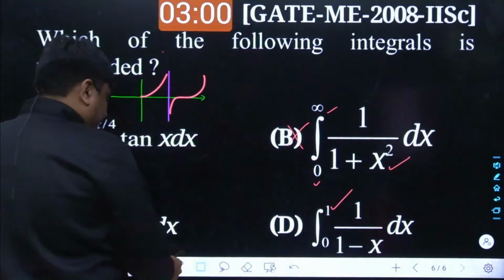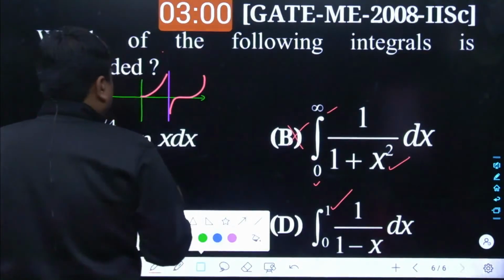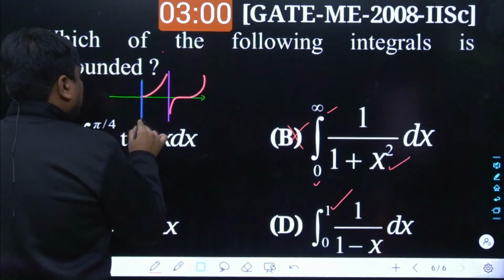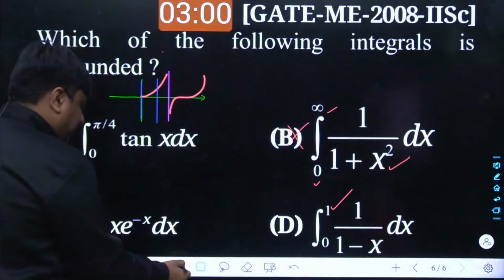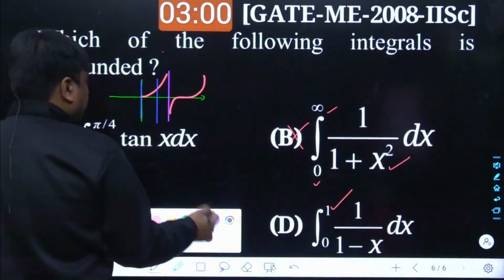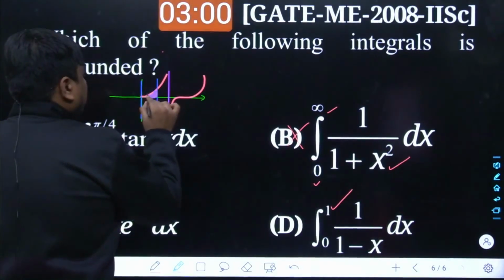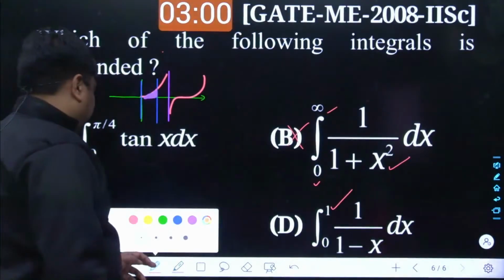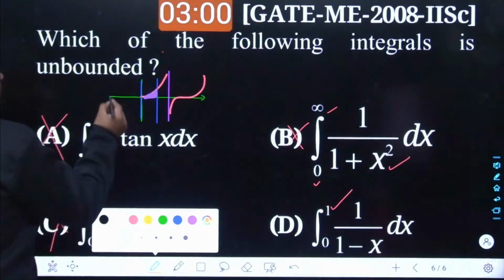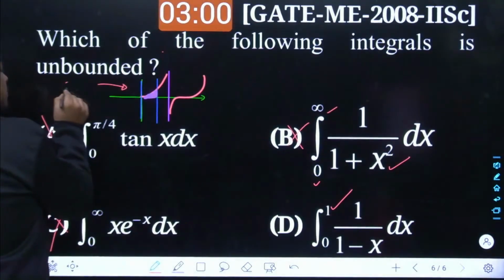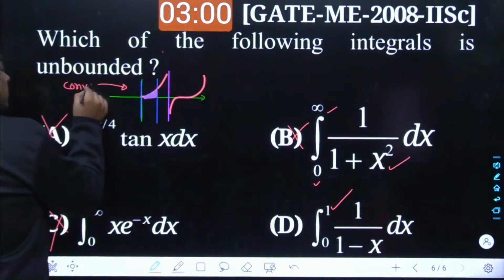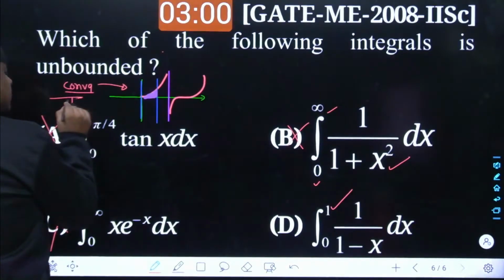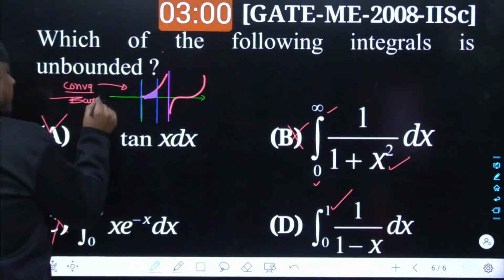But my area of concern is x equals 0 to pi by 4. This one is my basic area of focus. Is it finite or infinite? Obviously, sir, it is finite. And as it is finite, it will definitely converge to a finite value, or it is bounded in nature.